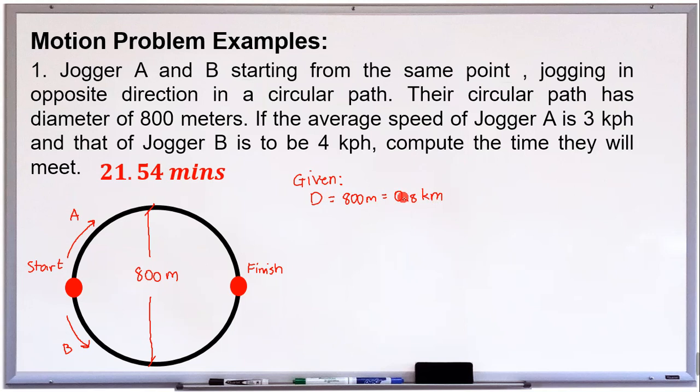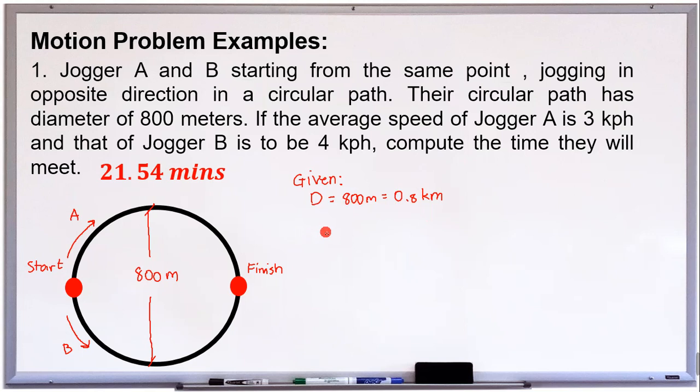Now, I prefer to use 0.8 kilometers. It's because this unit is consistent with the unit of our speed, which is in kilometers per hour. So we're going to use the kilometer unit instead of the meter. That is why I've just converted this 800 meters into kilometers.